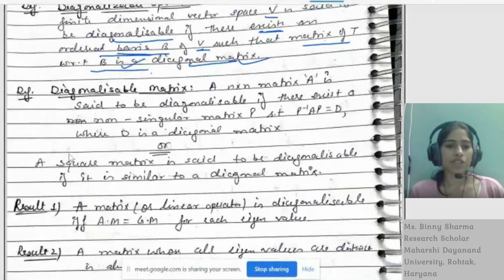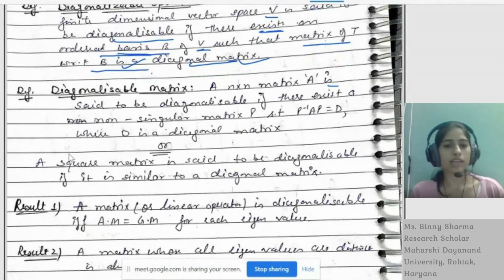The second definition is diagonalizable matrix. An n cross n matrix A is said to be diagonalizable if there exists a non-singular matrix P such that P inverse AP equals D. It is a similarity condition for similar matrices.